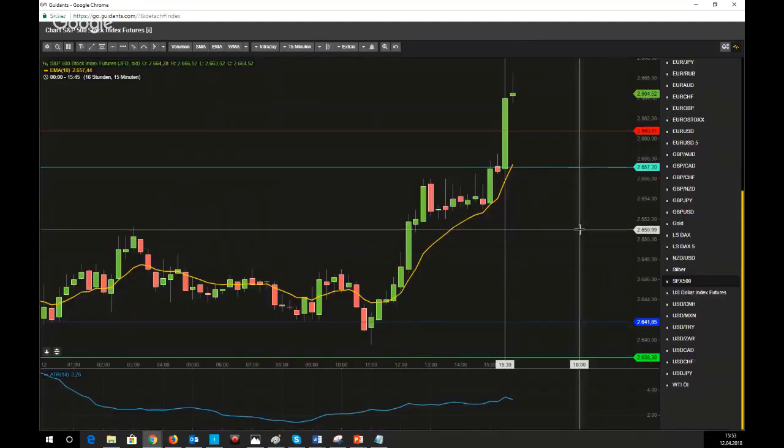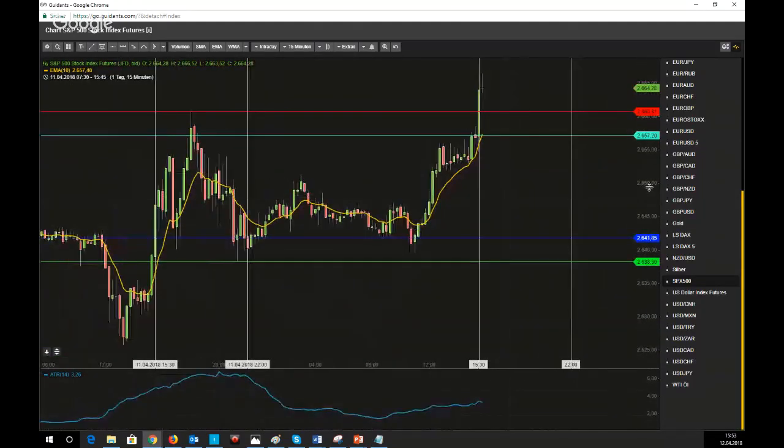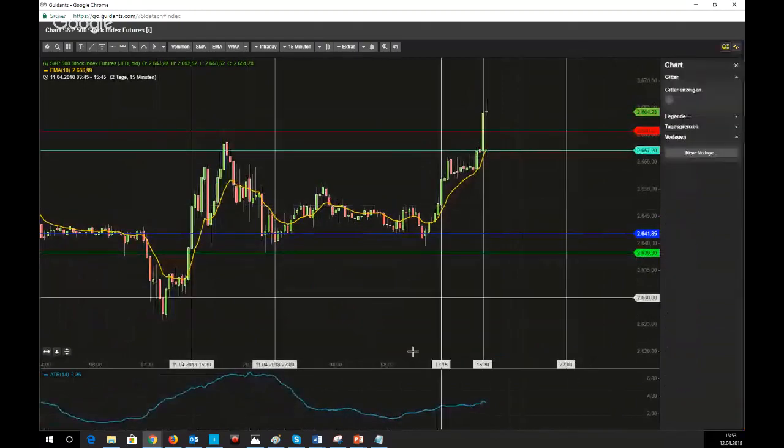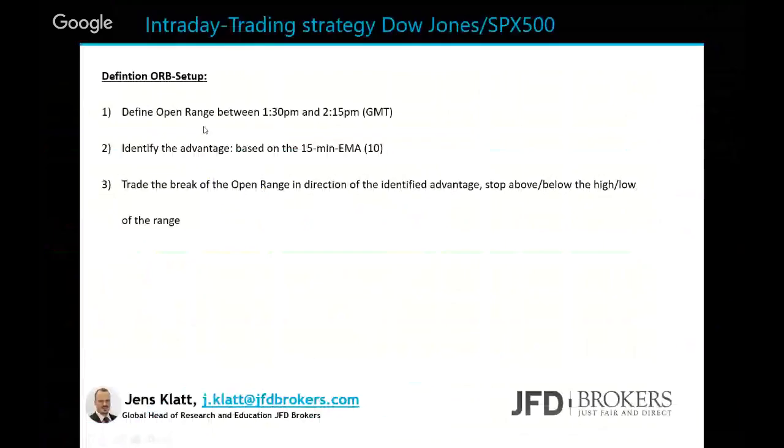Now let's come back again here to the S&P, and here on the performance, respectively, not necessarily on the S&P itself, but let's have a look again at these parameters for the setup, and then let's have a look here at a chart.